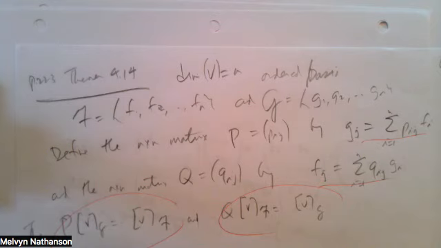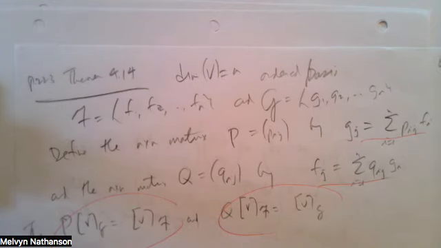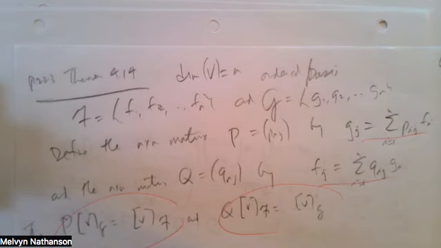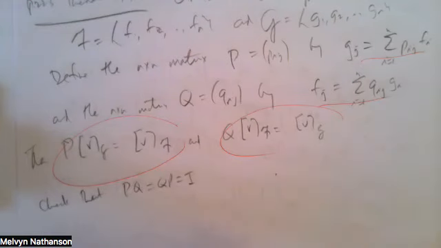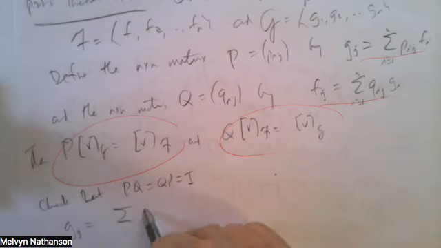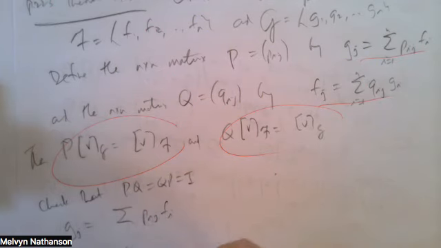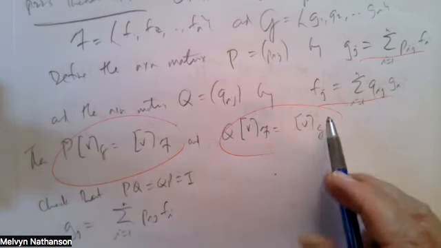And in fact, it's easy now to check that P times Q and Q times P are the identity. That is, each is the inverse of the other. Because, for example, G sub j is the summation of Pij F sub i, i goes from 1 up to n.